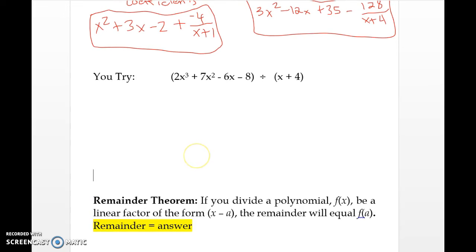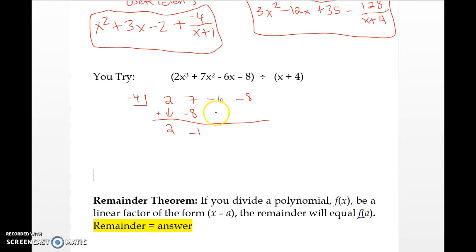Let's bring this down a little bit. So we make a box. Our box number is -4. Our coefficients are 2, 7, -6, -8. Drop down your first number, 2. Multiply that times your box number, -8. We're always adding. 7 plus -8 is -1.